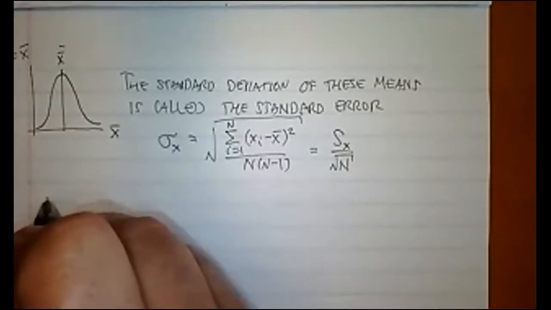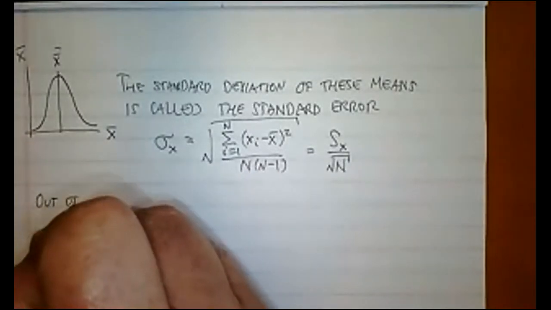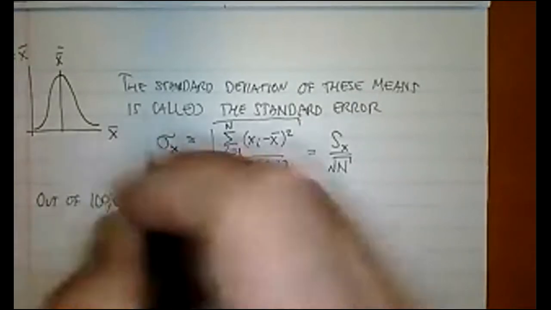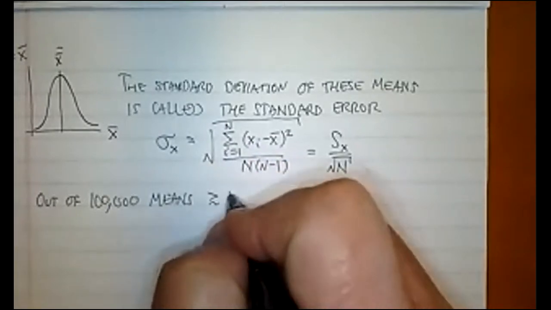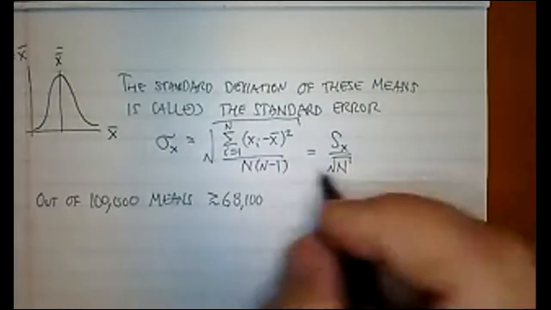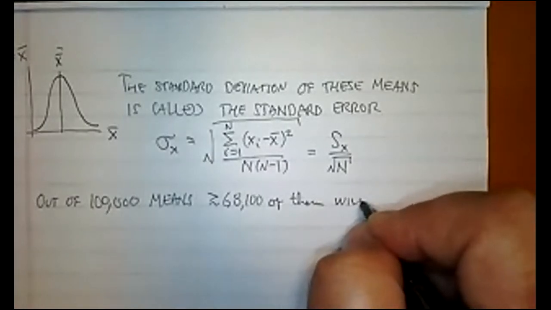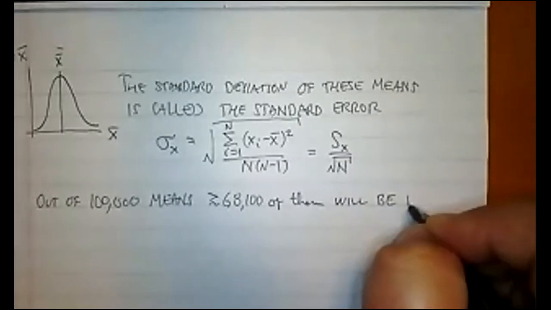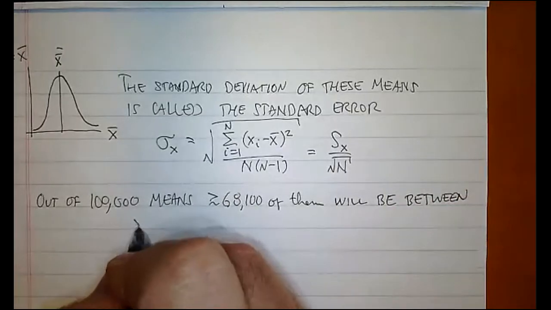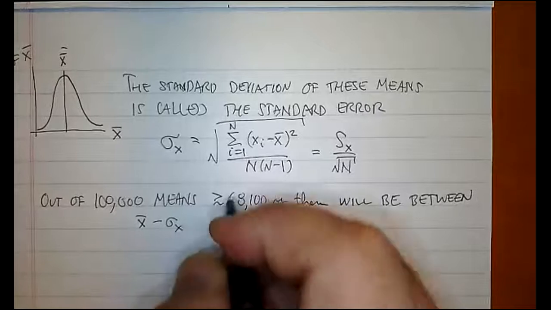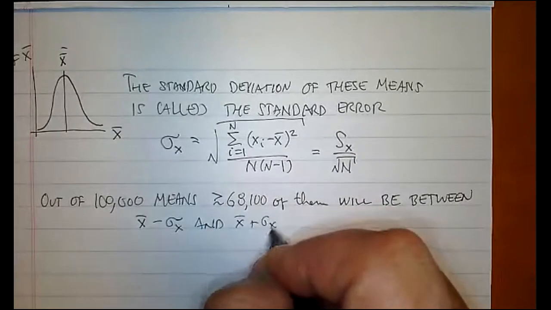Now, if you did 100,000 of these, out of 100,000 means, greater than or approximately 68,100 of them will be between, actually I'll start writing in non-cursive, will be between x bar minus sigma x and x bar plus sigma x.